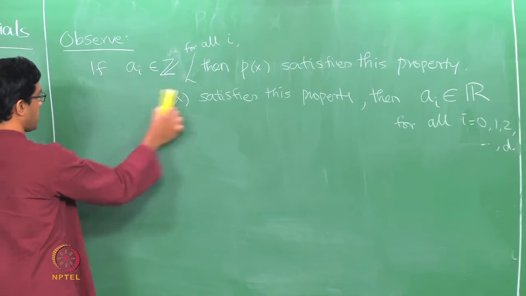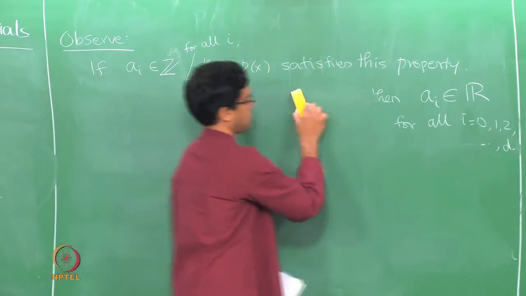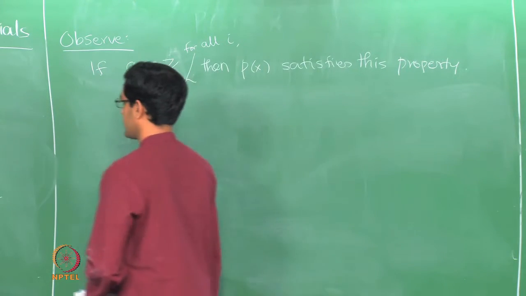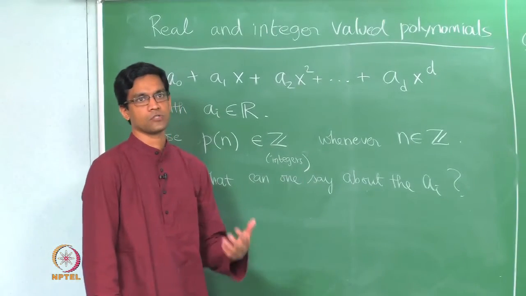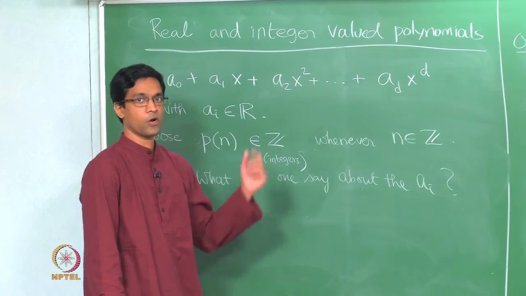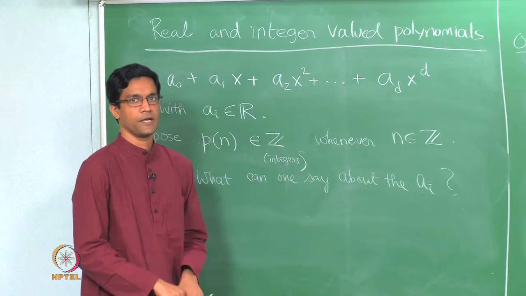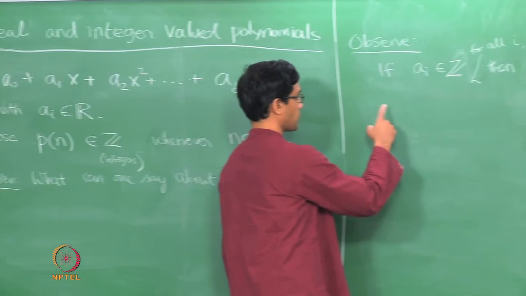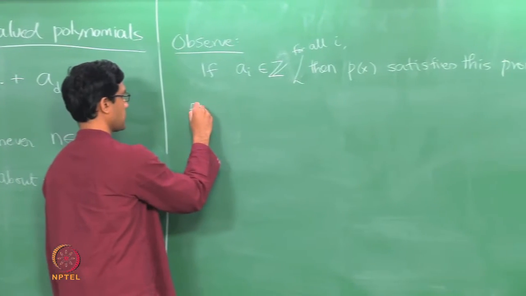Is it true that that is the only possibility? Is it possible that a polynomial takes integer values on integers, but the polynomial does not necessarily have integer coefficients? Okay. So it turns out that the converse is actually not true in this case.